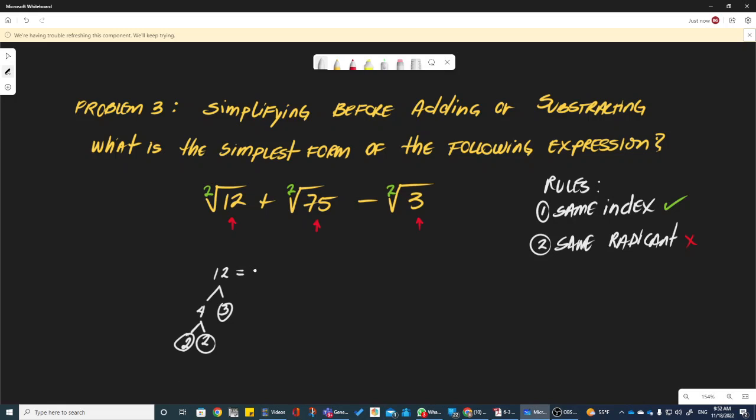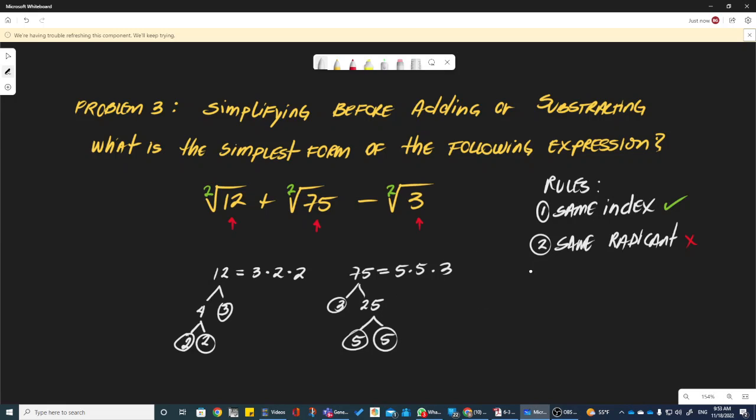So 12, it's equal to 3 times 2 times 2. And then you got 75, which is 3 times 25. And 3, it's prime. And then 25, it's 5 times 5. Okay, and those are prime. So this is equal to 5 times 5 times 3. And obviously 3, it's prime.